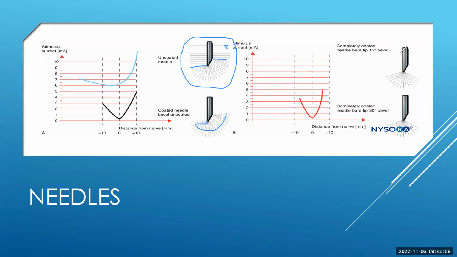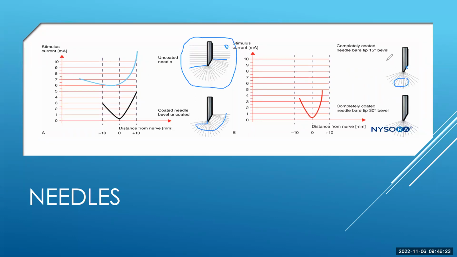Again, if you completely coat it, the bevel is not being stimulated, just the tip. That's where we can really verify that this tip is in contact with the nerve. Let's say you're at 1.0 mA and you start dialing down and you get a good response, that gives some degree of certainty that the nerve would be more in this area.